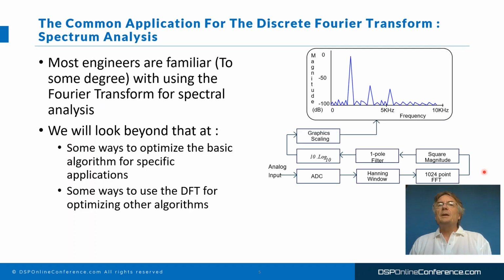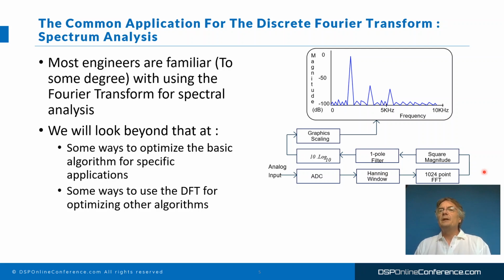I'm sure many people on this presentation are familiar to some degree with using the Fast Fourier Transform for spectrum analysis, whether you're implementing this using your own code, or using the FFT function on a signal analyzer or an oscilloscope, for example. All spectrum analyzer applications are typically based around the 6 or 7 processing blocks shown in this diagram.